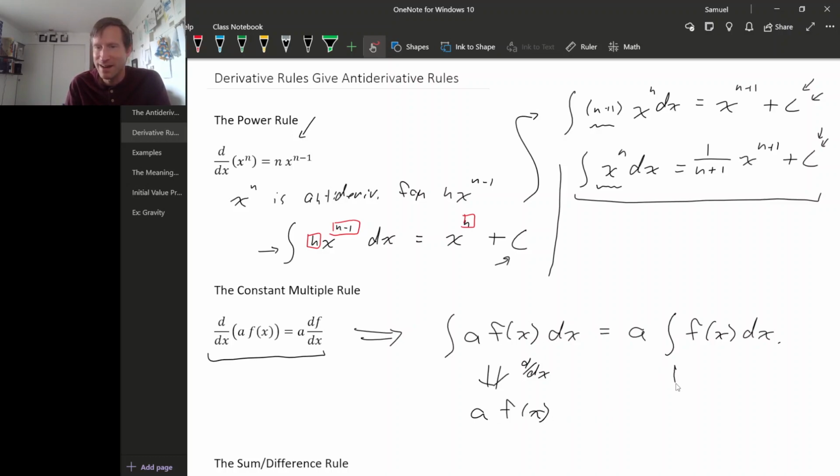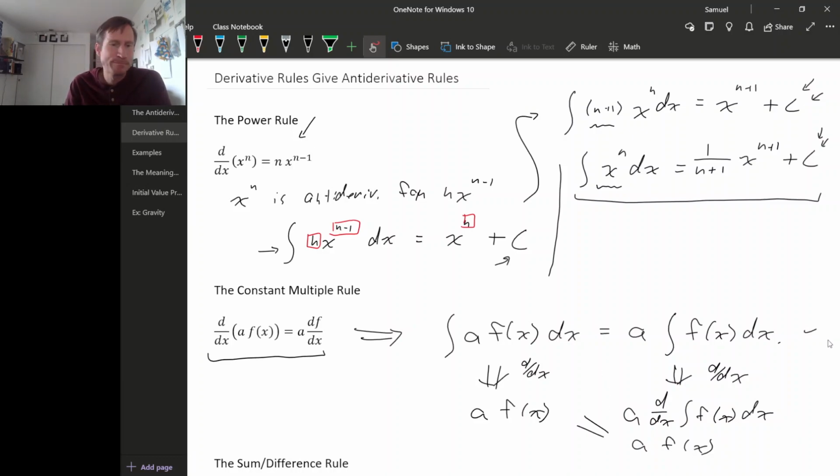On the right-hand side, if you take a derivative, first you have to use the constant multiple rule for derivatives to move a outside, and then you have a times the derivative of the antiderivative of f of x dx, but the derivative of the antiderivative of f is just f. And you can see that these are equal.